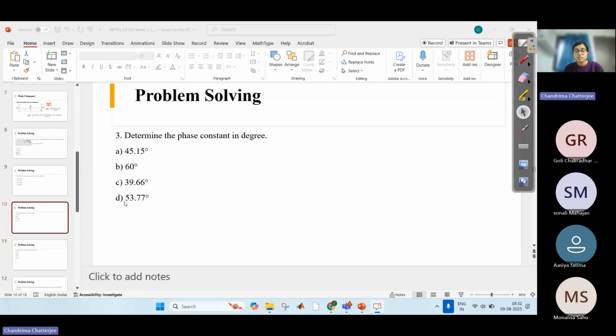Here the closest option is 53.77. So option D is the correct one.